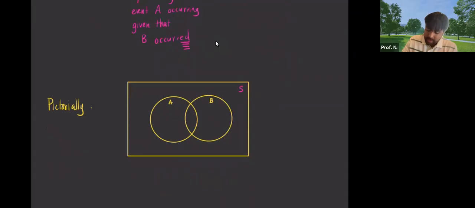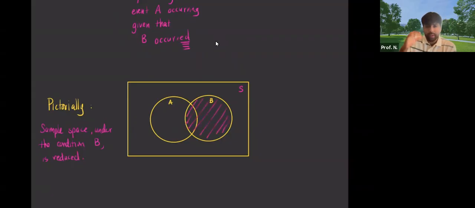So now we can think of this as our sample space. Under the condition, B is reduced, and we reduce it to this now.